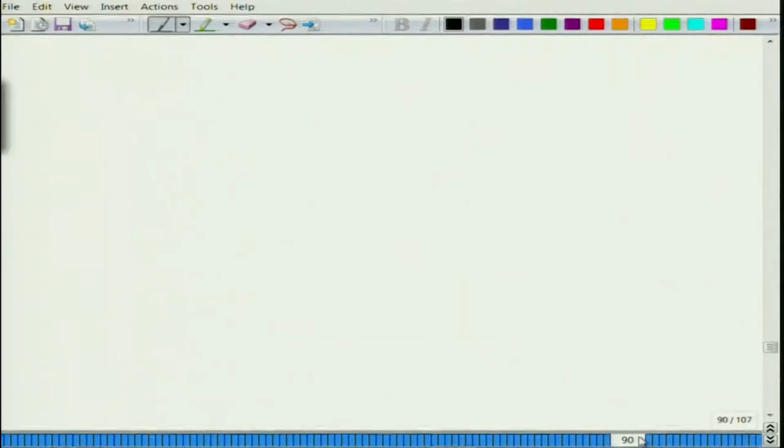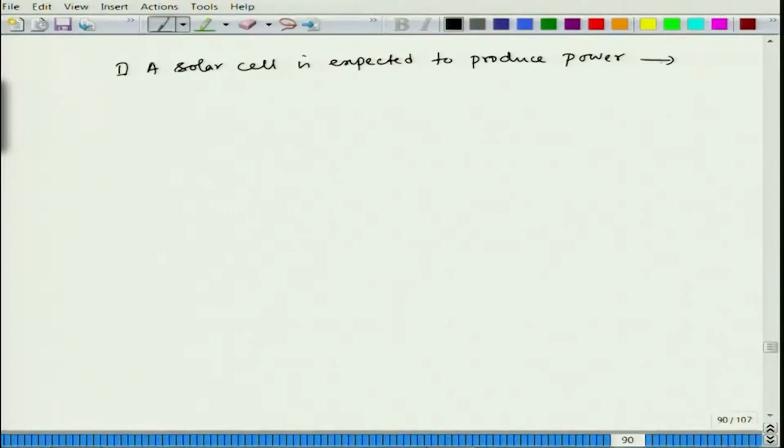So, now if we look at a solar cell, a solar cell is expected to produce power, right, and that means I and V are in opposite direction, as we have seen earlier that the fourth quadrant is actually giving us meaningful operation, but that often confuses us.